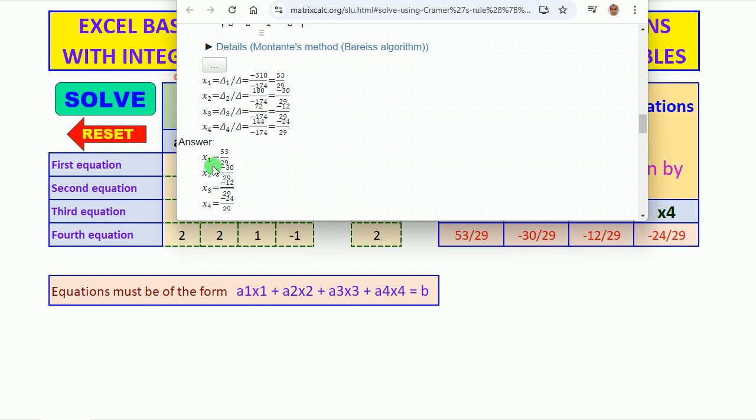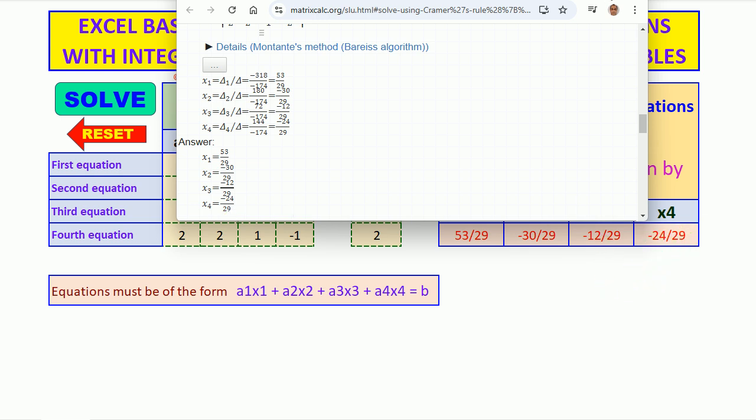So you see 53 by 29, this is also 53 by 29, minus 30 by 29, minus 30 by 29, minus 12 by 29, minus 12 by 29, and this one is minus 24 by 29, here also it is minus 24 by 29.